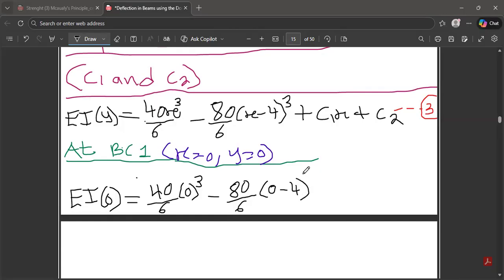I'll be telling you a secret just now. All cube plus C1 times 0 plus C2. You see what is happening over here? The secret I want to tell you is that I told you C2 is always going to be 0, and this is the reason why. But you have to solve for it. You have to prove it so that you don't lose the mark.